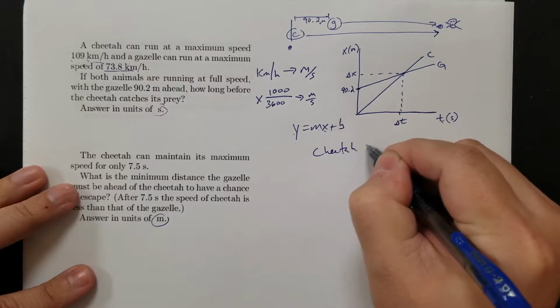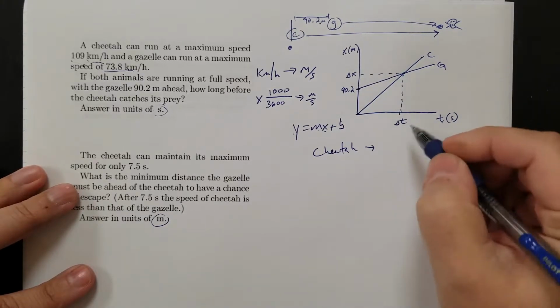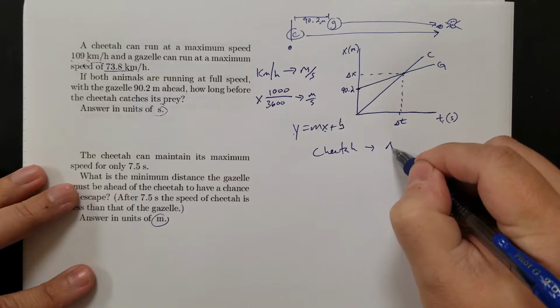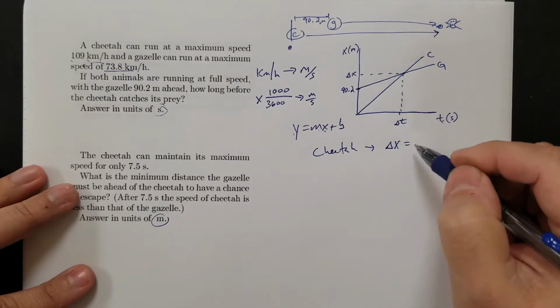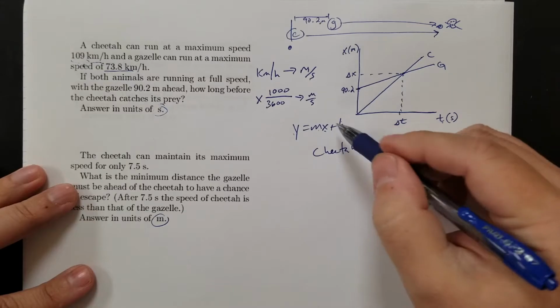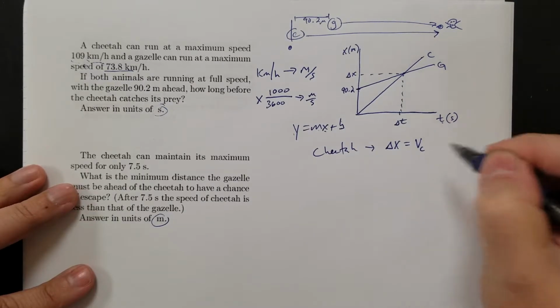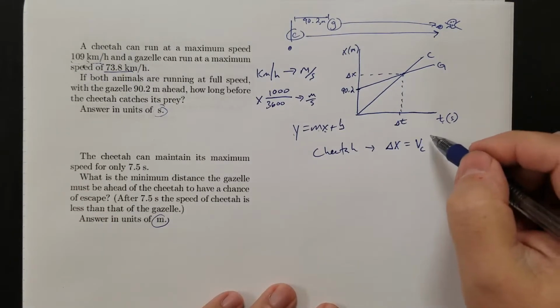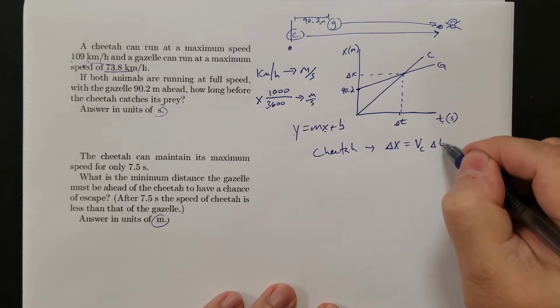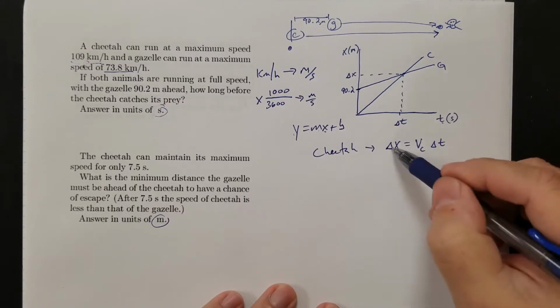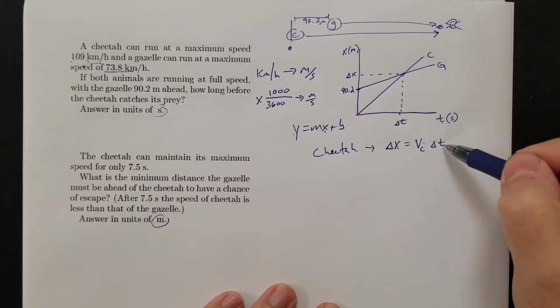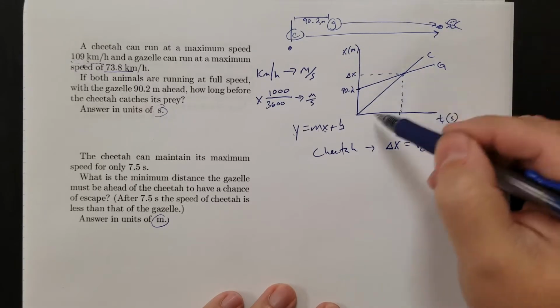So let's do the cheetah first. So the cheetah is delta x equals my slope for the cheetah. Slope is the velocity, right? So I'll call that velocity cheetah times the time, so times delta t. So there's my equation, y equals m times x. And m, the slope, is how fast the cheetah is.